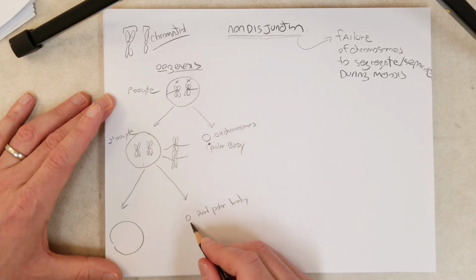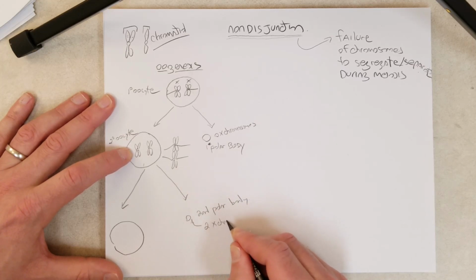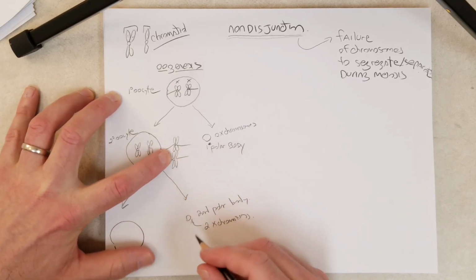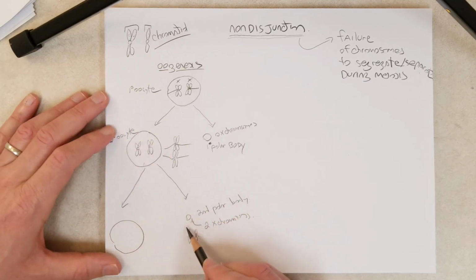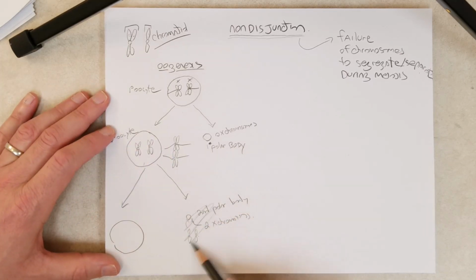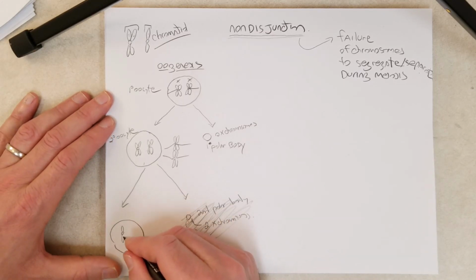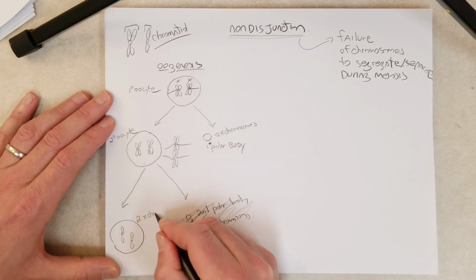So let's say this is the second polar body, and there are 2 X chromatids here because they segregated normally. If they're lined up like here, we're going to have 2 X chromatids inside the polar body, but they're going to be lost. And over here, we have 2 X chromatids.